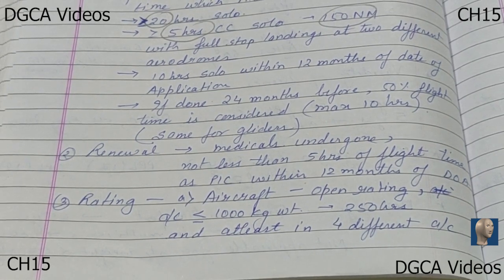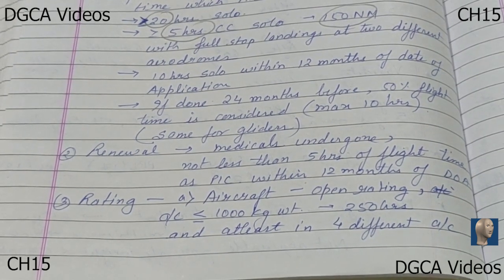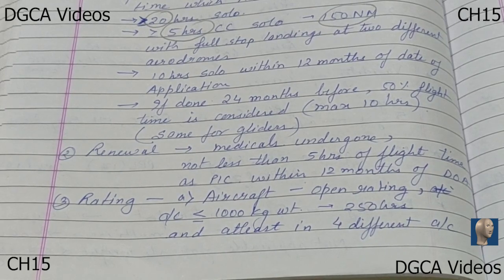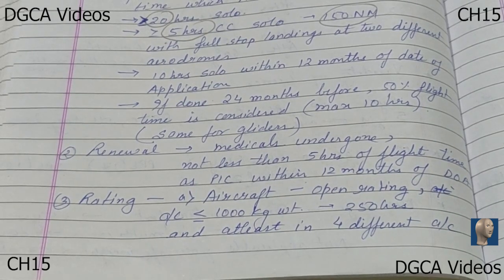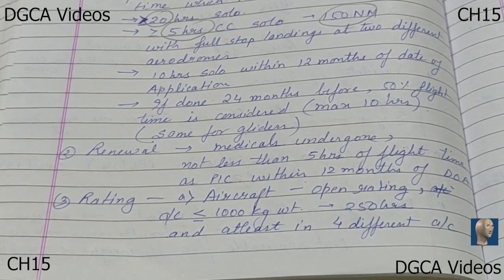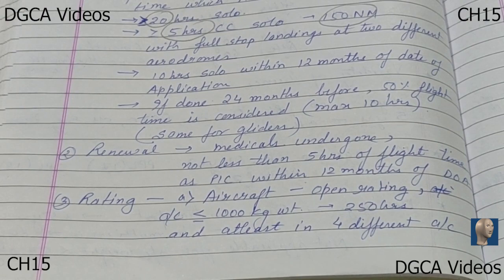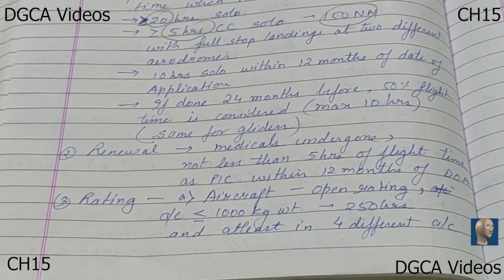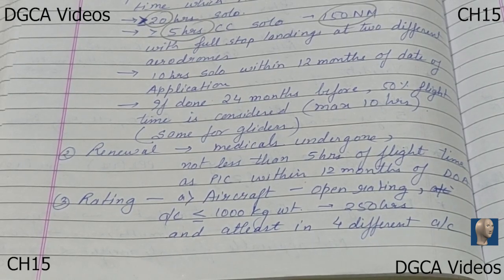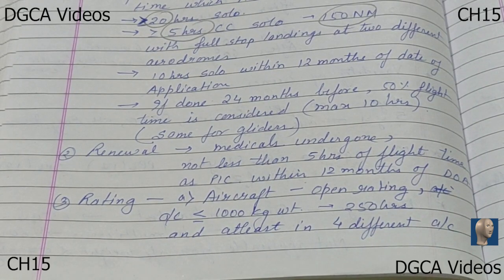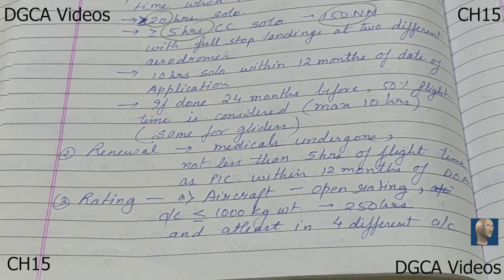He shall have demonstrated his competency to perform as pilot in command or co-pilot of an aeroplane, the procedures and maneuvers prescribed in the syllabus, to the satisfaction of an examiner, on the type of aeroplane to which the application for the license relates, within a period of 6 months immediately preceding the date of application. Believe me, this is not of much importance from the exam's point of view, so I just read it because you must know it.